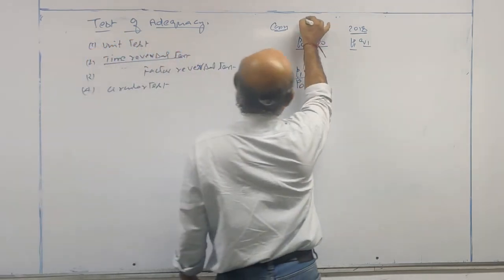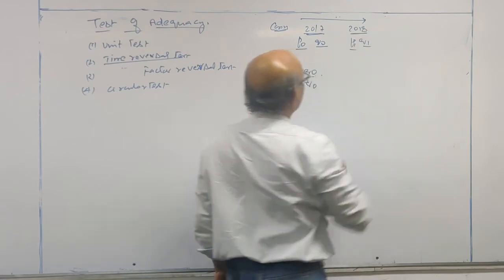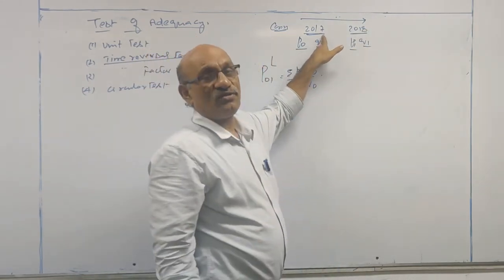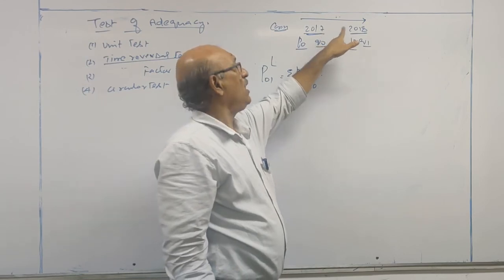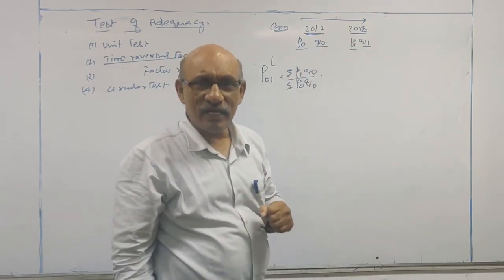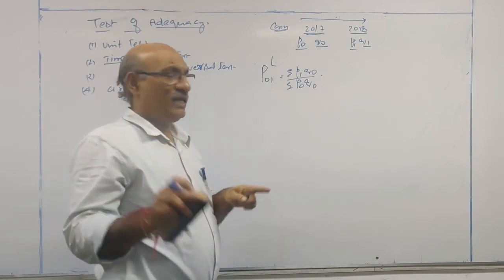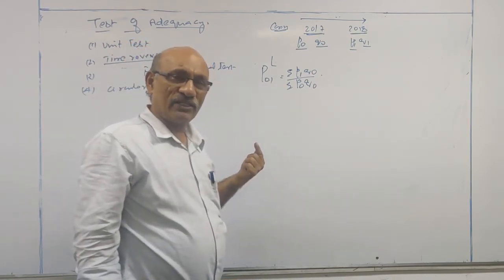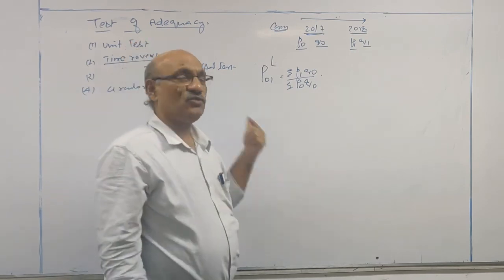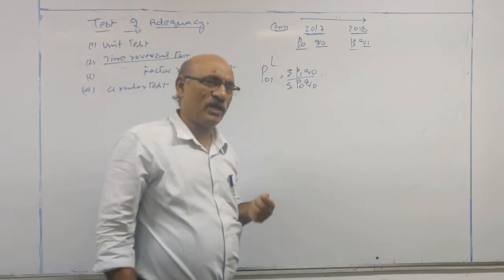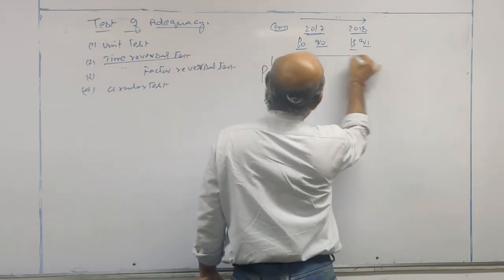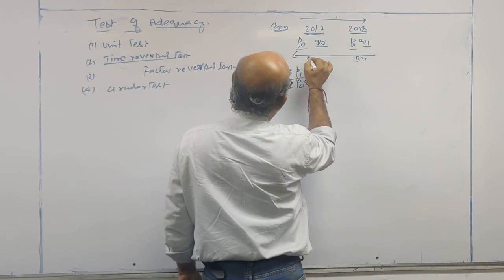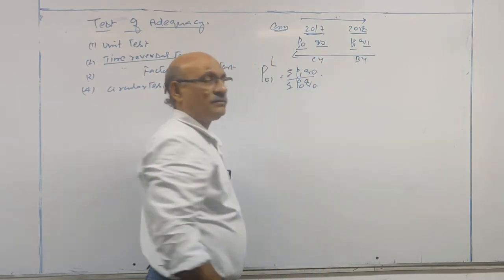Now look at this. I calculated the index number taking the time period in the forward direction. Forward direction means 2017 is taken as base year and 2018 is taken as current year. Now let us see whether this formula will work when I do the calculations in the backward direction. Take 2018 as base year, 2017 as current year.